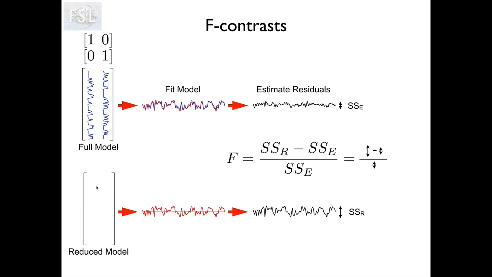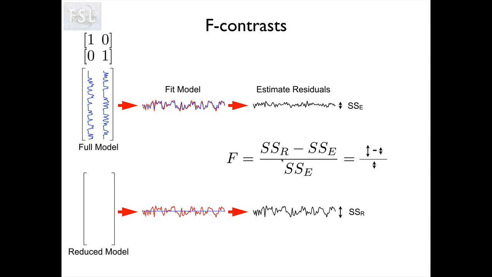So now we're fitting this reduced model, which is no model at all, and we're getting a different residual error. The F contrast is the difference between the residuals from the reduced model and the residuals from the full model, and then scaled by the residuals of the full model. This is just to make it scale free.